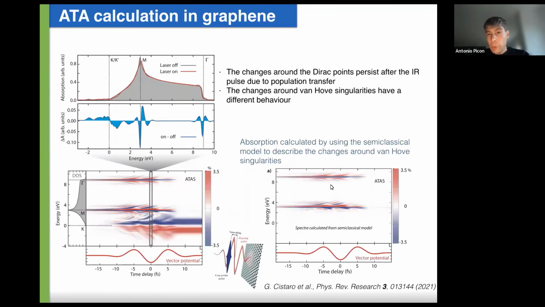But if we look at the two of them, qualitatively, I think it looks really nice. Even if you look carefully at these patterns, you see that, for example, this one has a more symmetric pattern with respect to the blue line, while this one has a more antisymmetric pattern. So even the model is able to grab this. And we know that these are related to the energy dispersion around the K and gamma points.